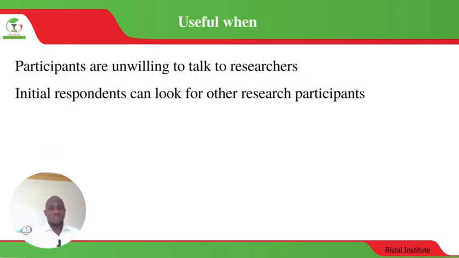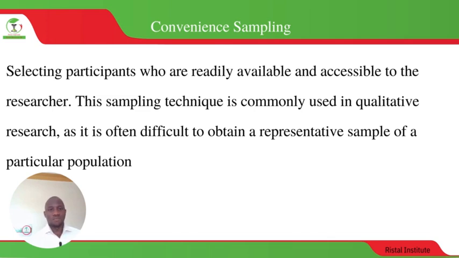So this is very important in case you have difficulty talking to the research participants. They can enable you to connect to other research participants, and then they can agree to the interview.